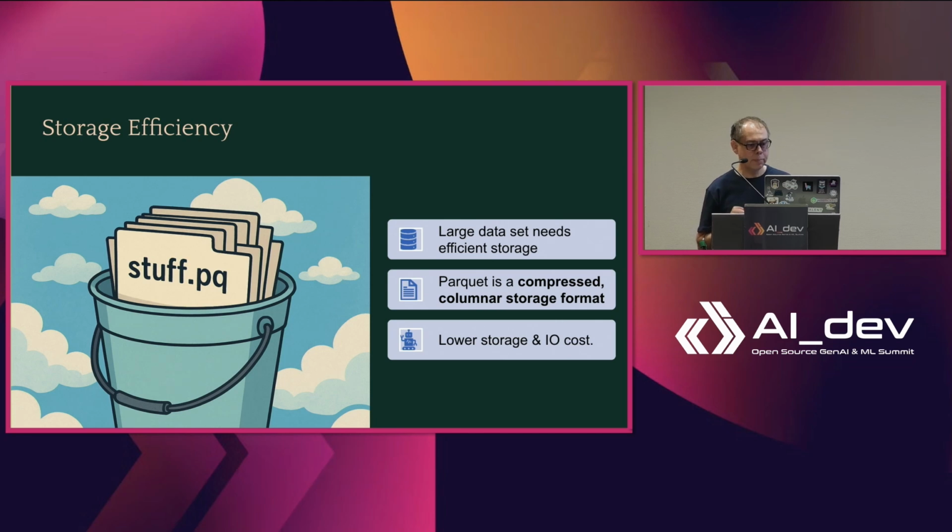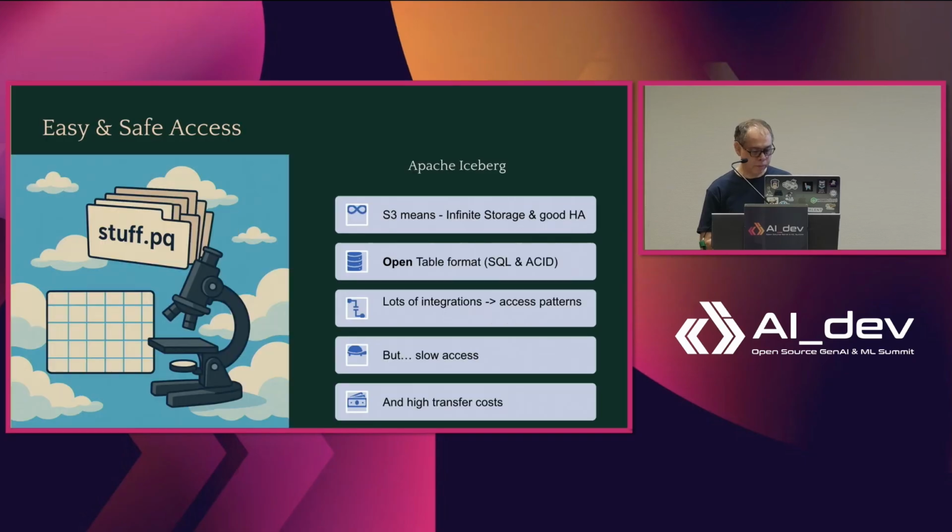We use Parquet as a data storage format, and it's a columnar compressed storage format. It's very popular nowadays for data sets, and it supports large data sets, and it has a very low storage and I/O cost.